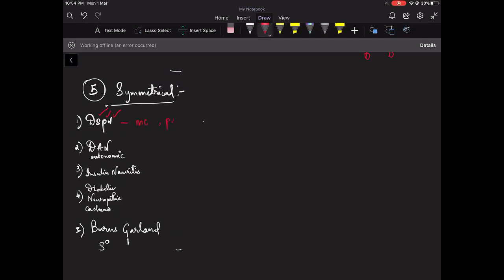The patient will have painful complaints, and here also it is a length dependent neuropathy. The patient usually presents with tingling, numbness, and paresthesia, and deep aching pain will be there.